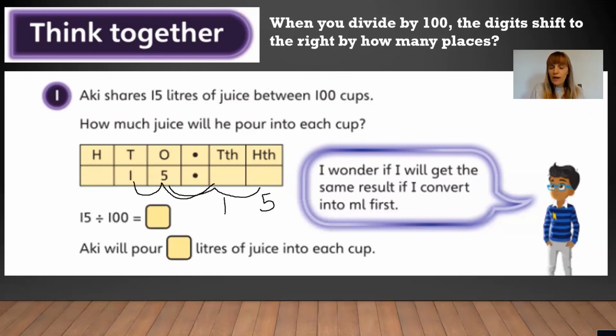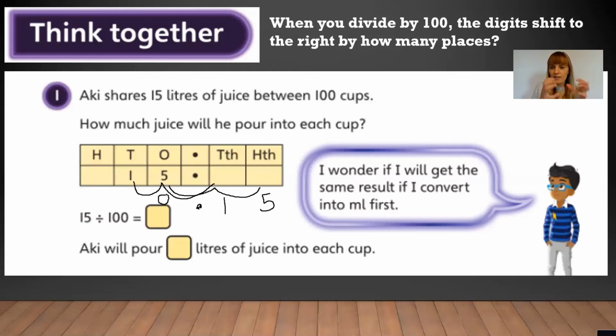Now, one of the vocabulary words that we looked at was a placeholder. If I just wrote this into my answer box here, it would look like the answer was 15 again. However, I've got to remember that I've got my decimal point here, and I don't just write .15. In my ones column, I've got to put my placeholder of a 0 here. So actually 15 divided by 100 is 0.15.